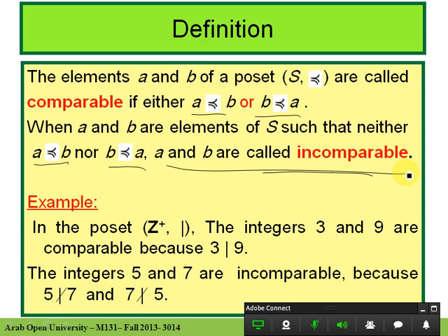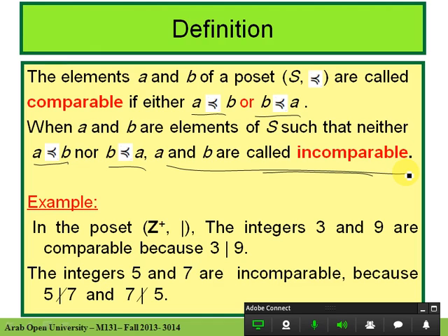Now if they don't have a relation, I cannot compare a student with an employee or a teacher. So we say that a student and teacher are not comparable, incomparable. They don't have any relation in the same set.